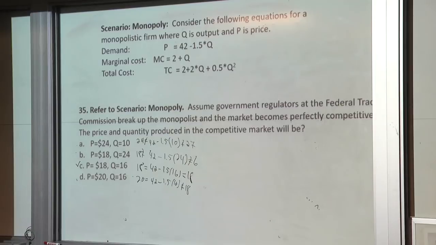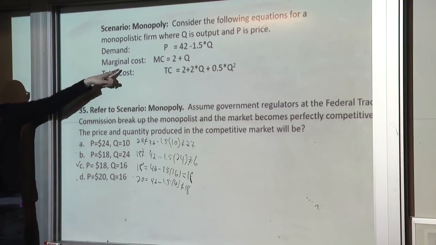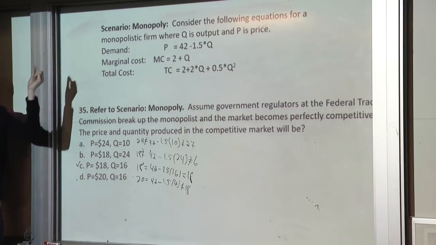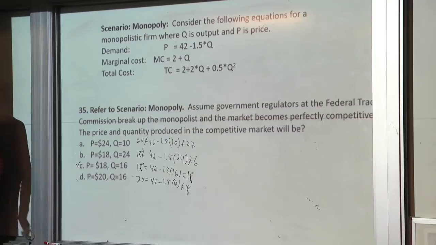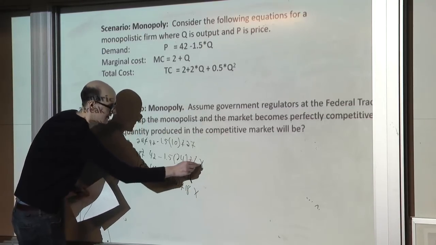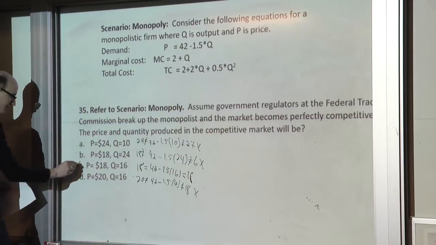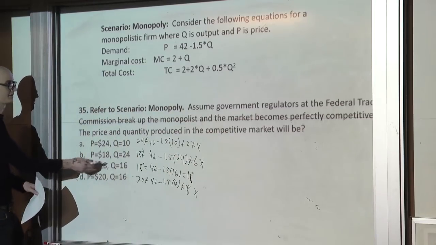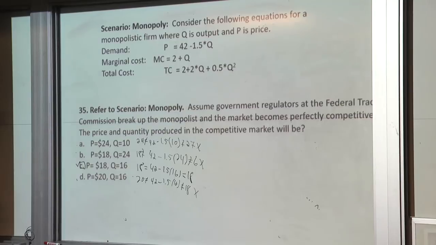In fact, it has to intersect the supply curve, right? But we know it has to be on the demand curve, so I'm plugging in the price and the quantity on both sides of the demand equation and seeing if they're equal. Okay, these are not equal. So again, it's none of these answers. It must be C, because it's the only one that lies on the demand curve.